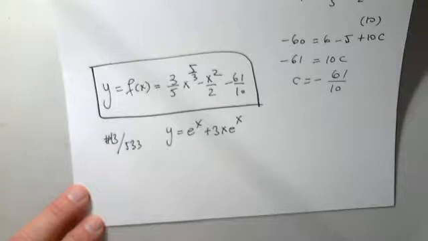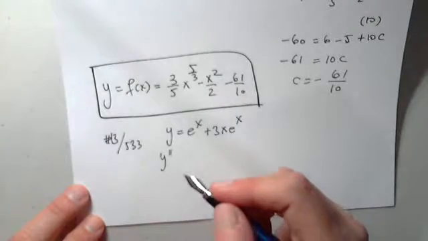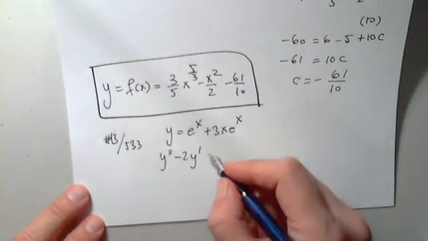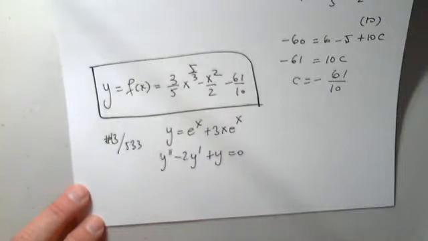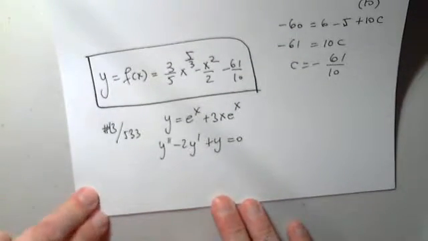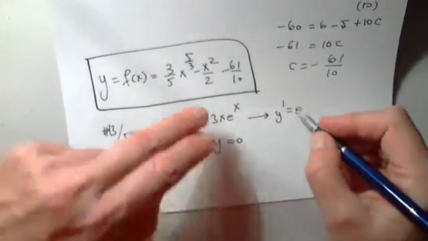We are asked to show that this is a solution of y double prime minus 2y prime plus y equals 0. I'm checking whether I copied the function correctly, e to the x. Yes, I did. And I copied the equation correctly.